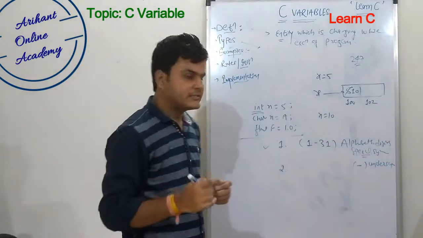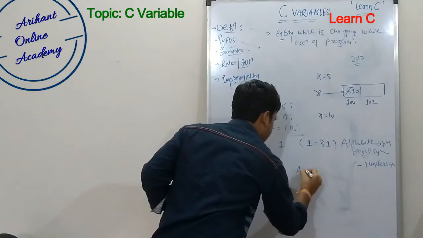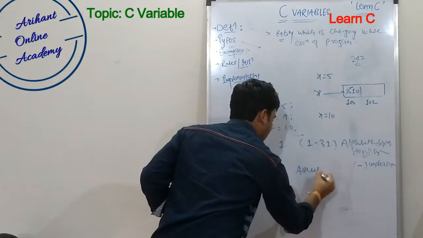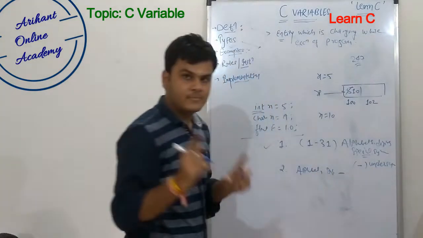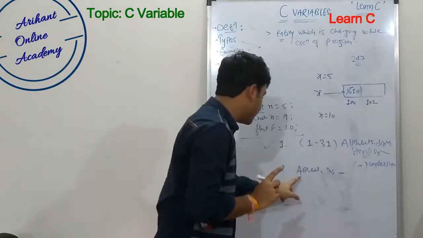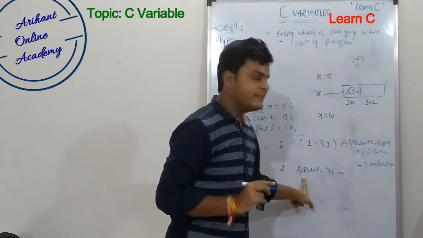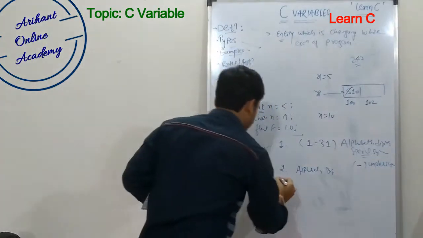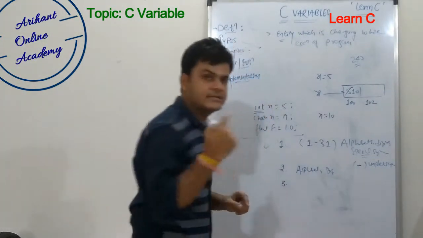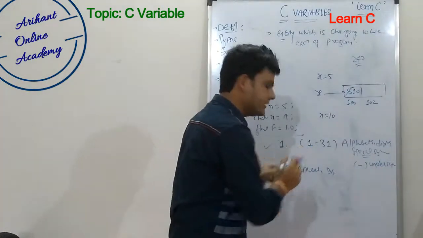Rule number 2: you can start your C variable name with an alphabet or with an underscore. Rule number 3: you cannot put spaces in it.